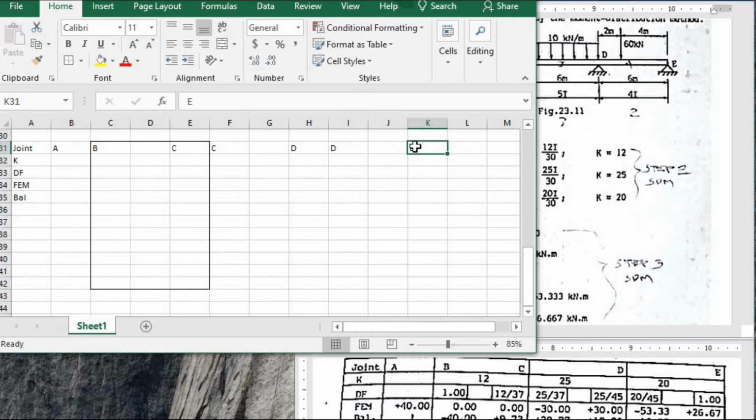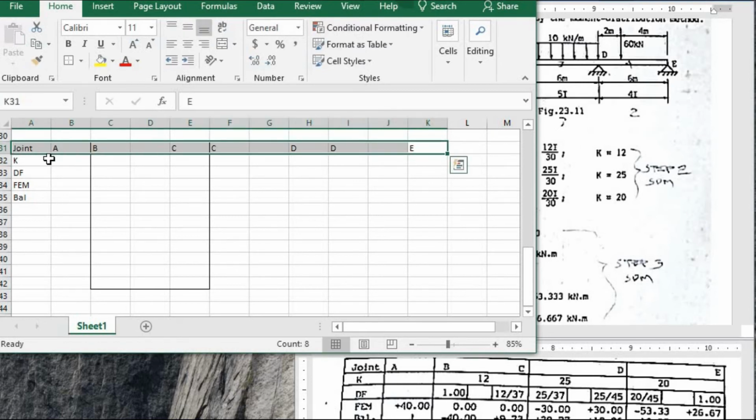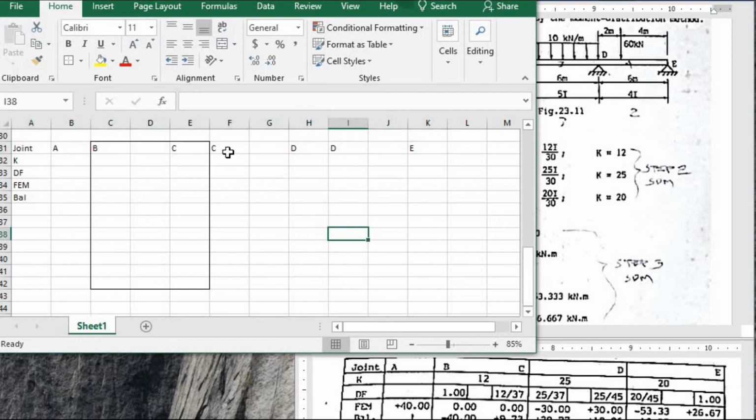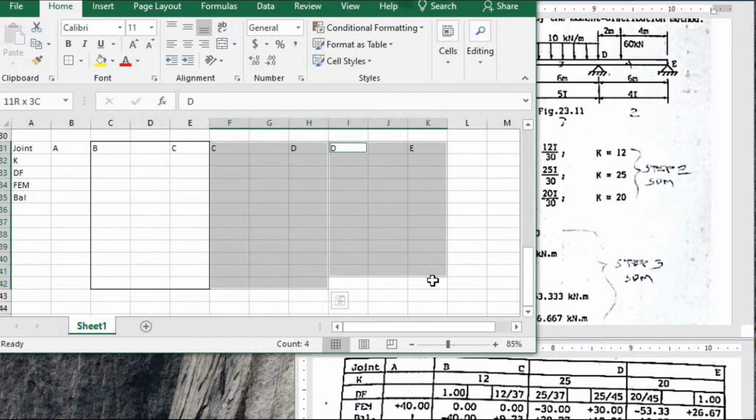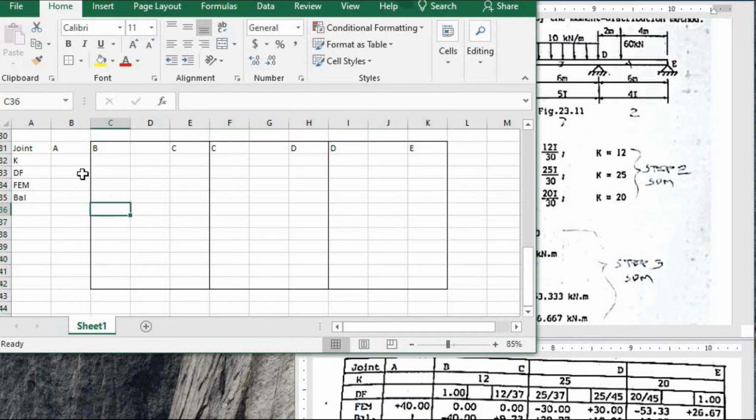So let's check. We have here 11 columns. Next, highlight natin yan. Tapos ito, for K, align right. Yan. Punta na tayo sa K.